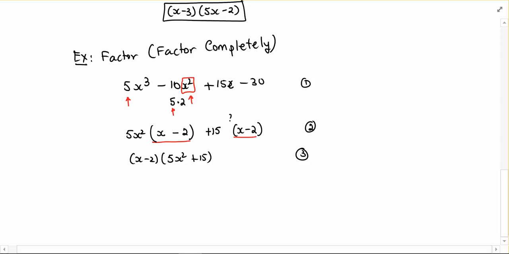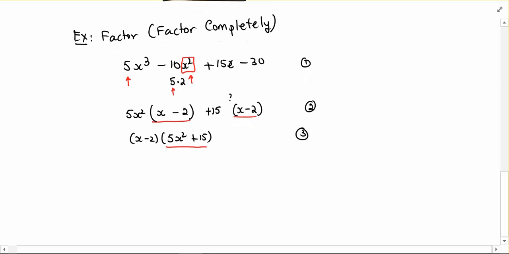If you look carefully at this part right there, that has a GCF, right? 15 is 5 times 3. And so you can notice that there is a 5 common to both. Now if you stop the problem right here, what you have failed to do is factor completely. You have factored, but not factored completely. So what you need to do is take out that 5 as well.